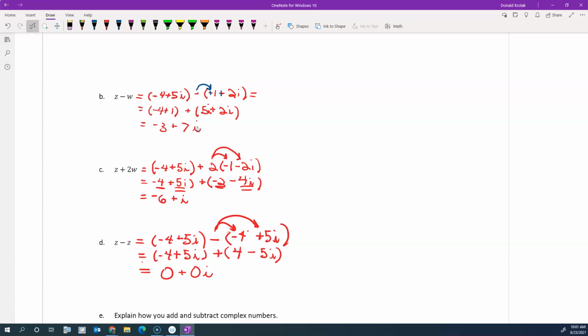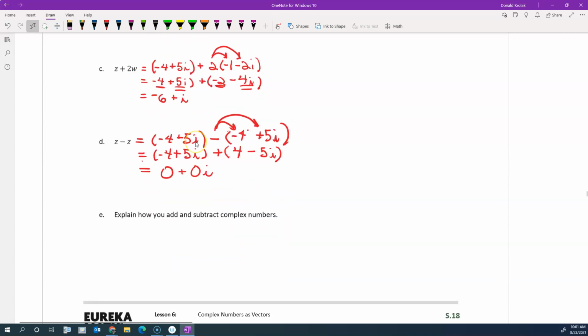Okay, so adding and subtracting, you just think of it as combining like terms. Depending on if you're adding or subtracting, you're going to combine your real components, and then you're going to combine the imaginary components.